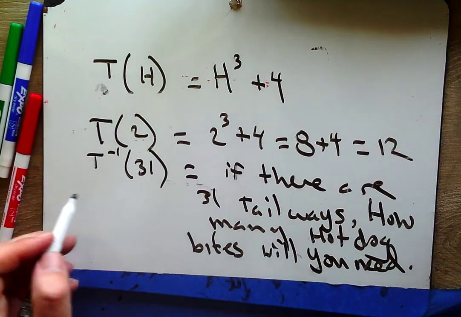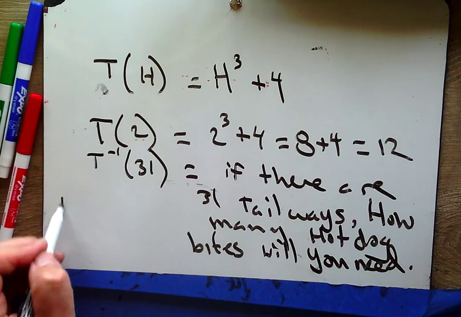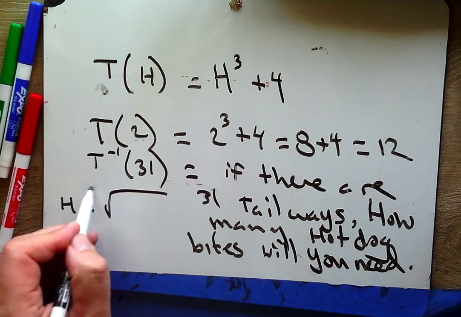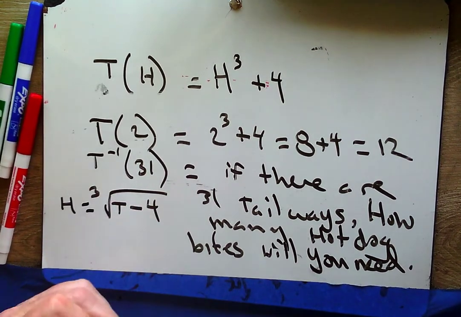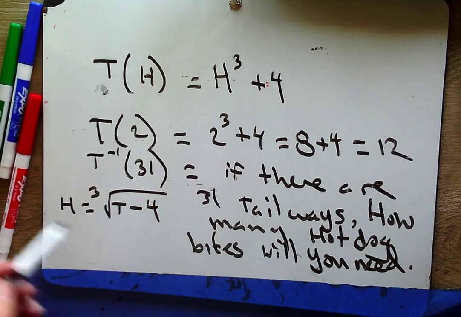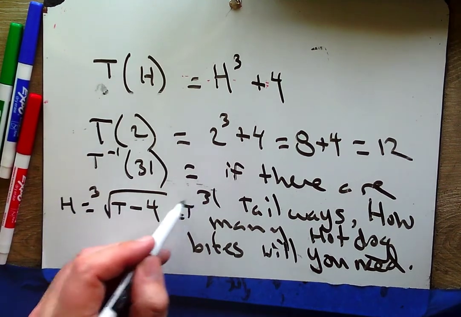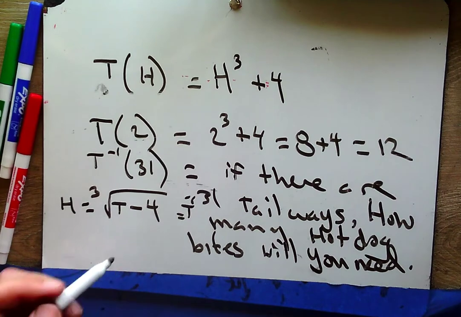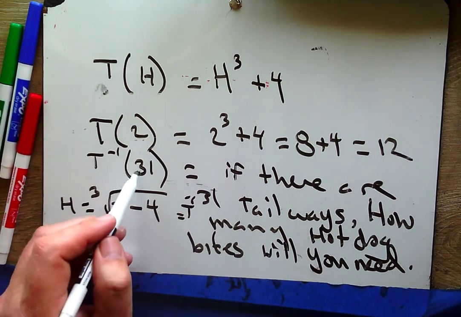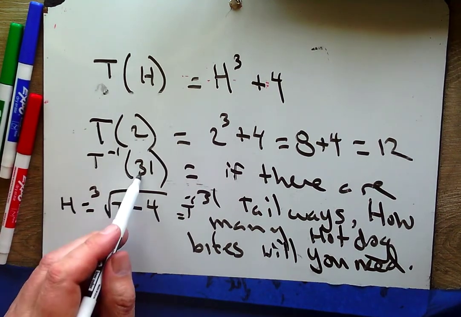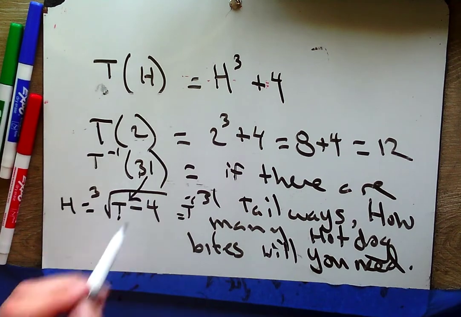We can certainly go about solving that equation. Remember, we had h equals cube root of t minus 4. This is the inverse function. This is t inverse. Okay, I'm supposed to plug this in. See? It's tail wags. See, I'm plugging it in.